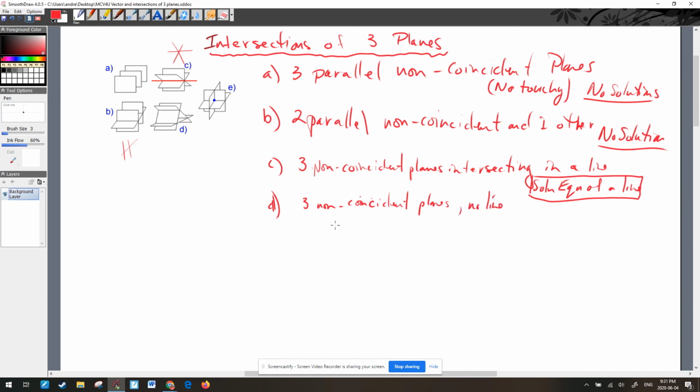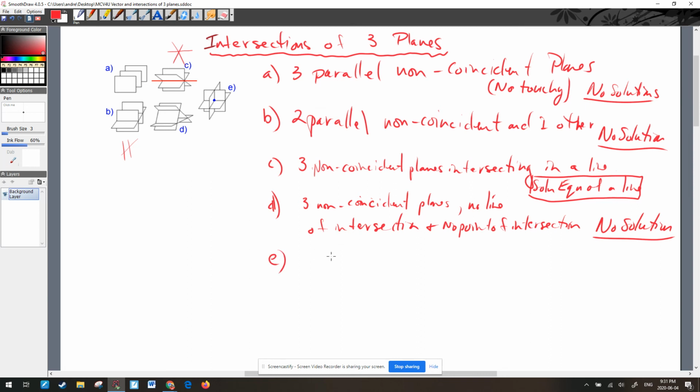No line of intersection, and no point of intersection. Okay, so this is also considered no solution, because there's not any one point or line where all three planes are simultaneously.